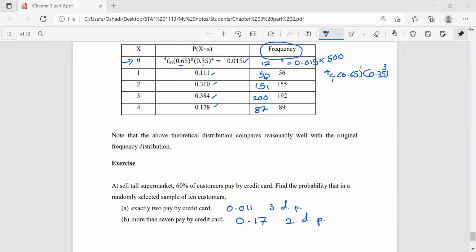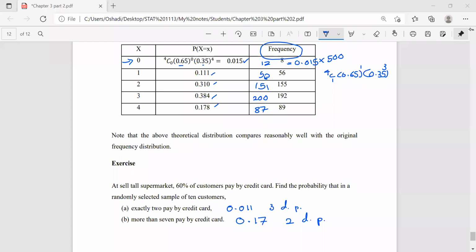So we have 10 customers, that means 10 trials. If we select a Bernoulli experiment as one customer, one customer either pays by credit card or not. He can pay online, he can pay using cash in hand or a check, any method, but we divided the outcome into two: pay by credit card, do not pay by credit card.